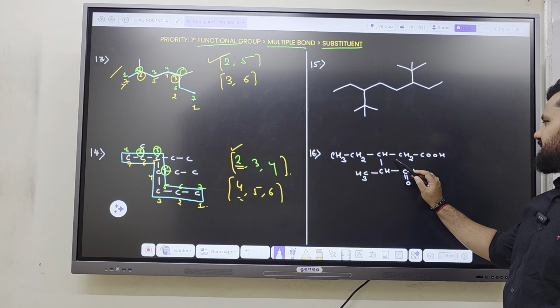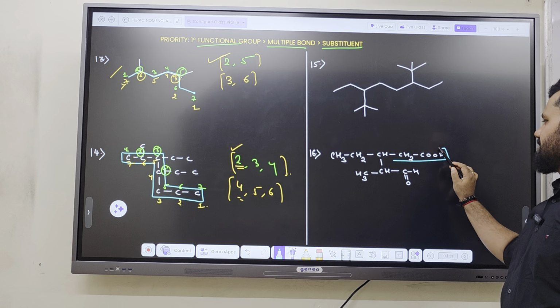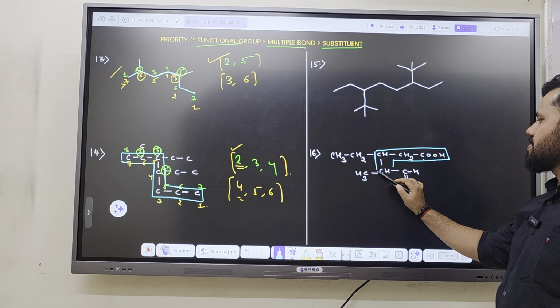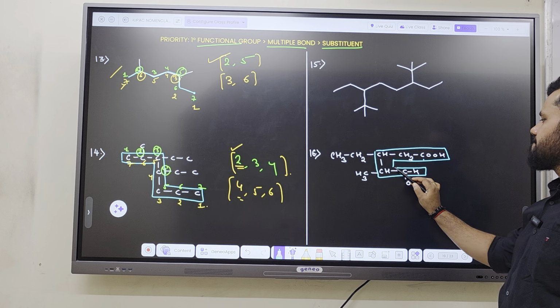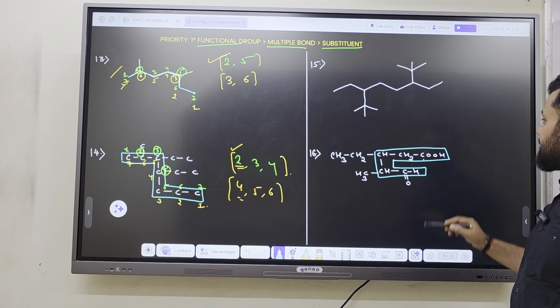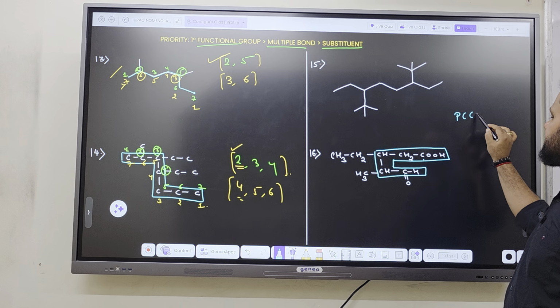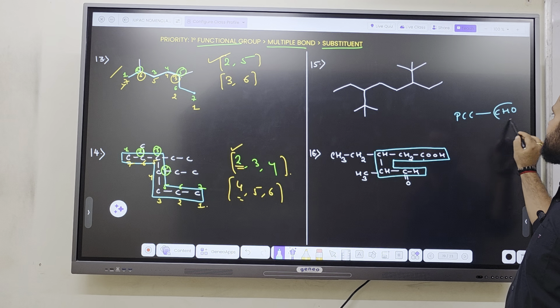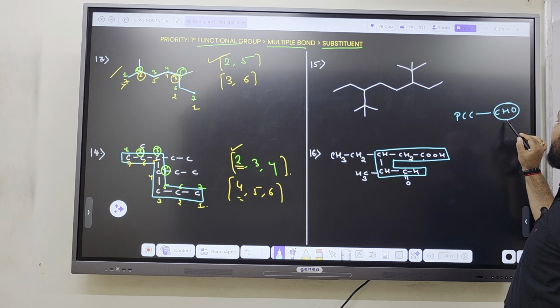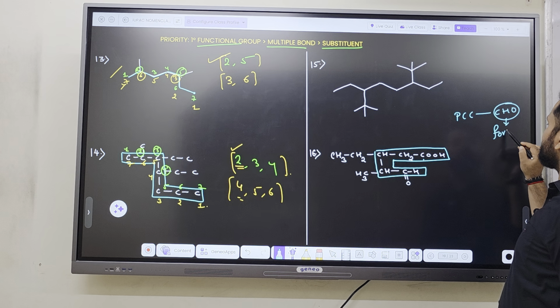PCC. My PCC is this one. Sir, there is a functional group, therefore like this, okay? By the way, in last class, I told you, if to PCC, CHO is connected as a substituent, then this is called formyl substituent.